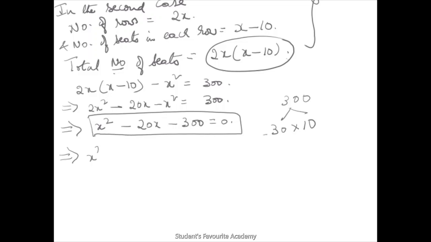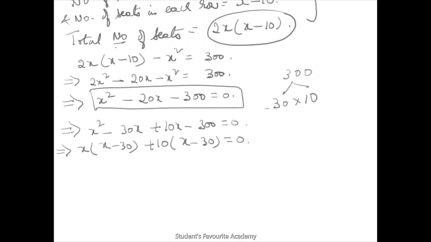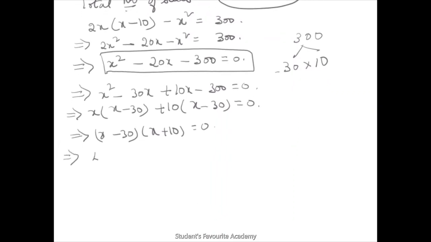So this implies x square minus 30x plus 10x minus 300 is equal to 0. Take x common: x minus 30, plus 10, if you take out common, x minus 30 is equal to 0. So this implies x minus 30 into x plus 10 is equal to 0. So now either x minus 30 is equal to 0 or x plus 10 is equal to 0.